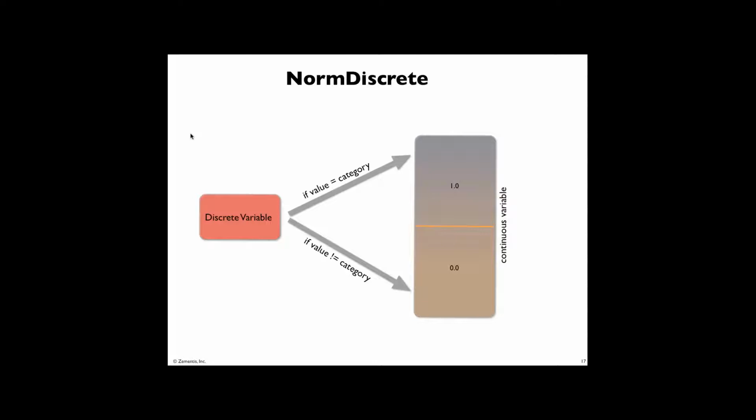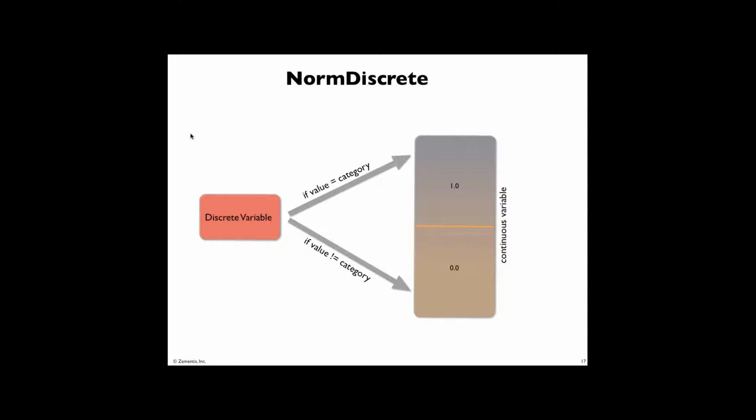Here's the next function, norm discrete. I refer to this as termification of variables. The idea is, given a discrete variable, you want to refer to it in a numeric fashion.